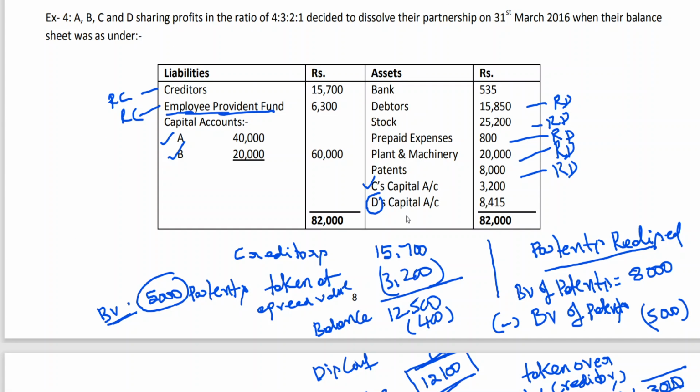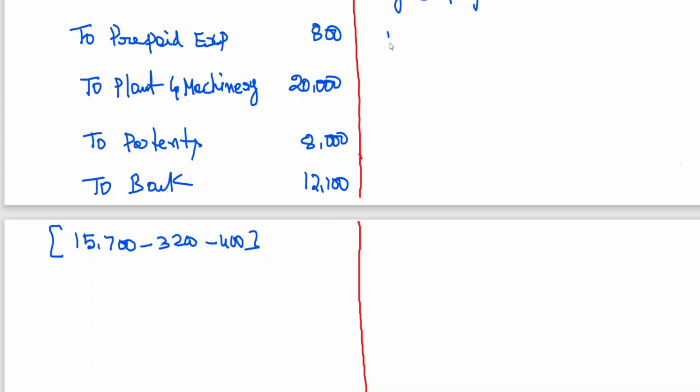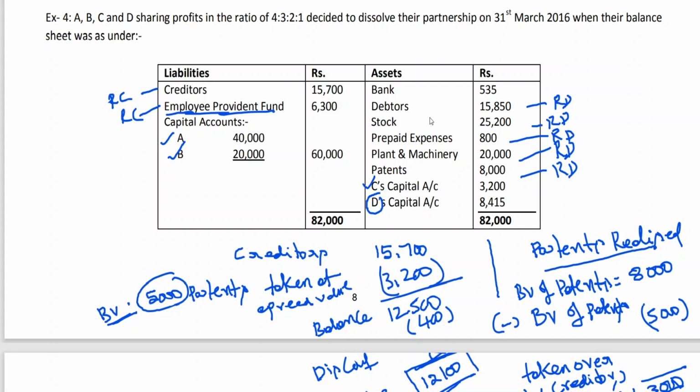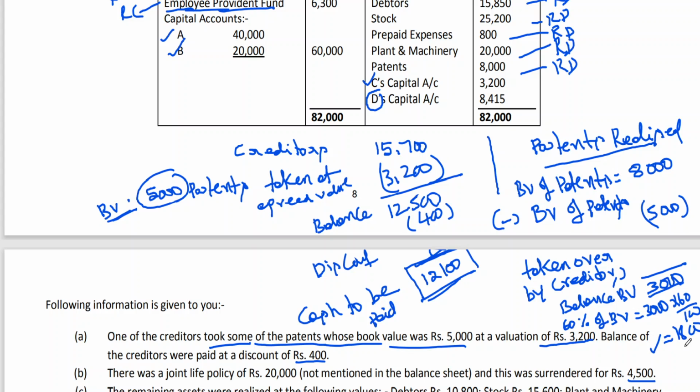Then patents have been realized. All those things we can write here. By bank, patents: how much are we having? 1,800.